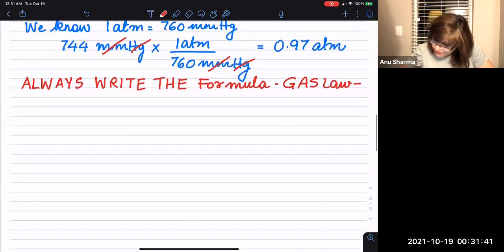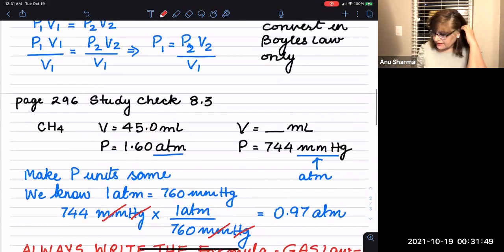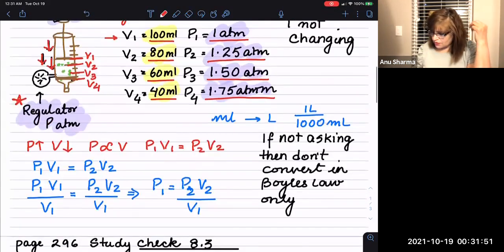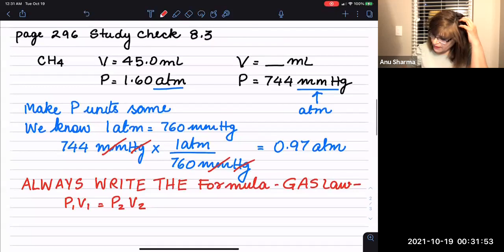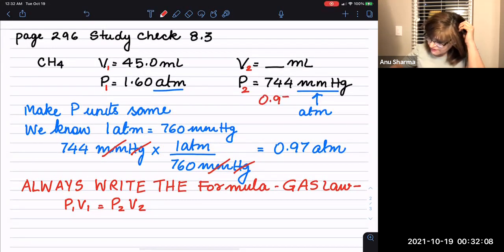Here we have P1 V1 is equal to P2 V2. So here is V1, P1, V2, and P2. Here we see that the volume becomes, with 0.97 atm.